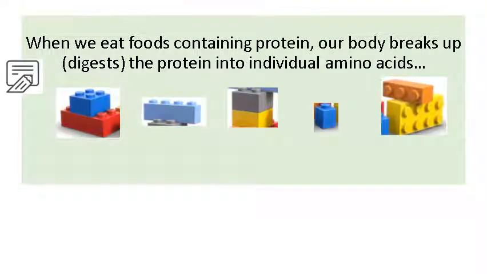So this kind of illustrates it better. When we eat these proteins with these amino acids, think of these little Lego pieces as different amino acids. The body is digesting the foods with the protein. The amino acids then change, and they get put into different areas of the body where the body is saying, I need this for my nerve function, I need this for brain function, and so on.